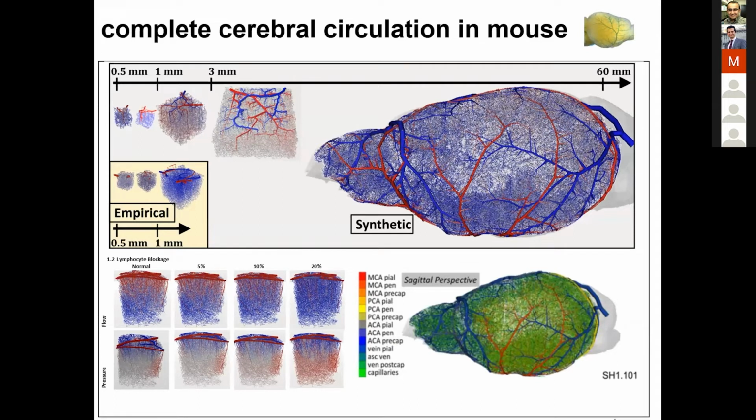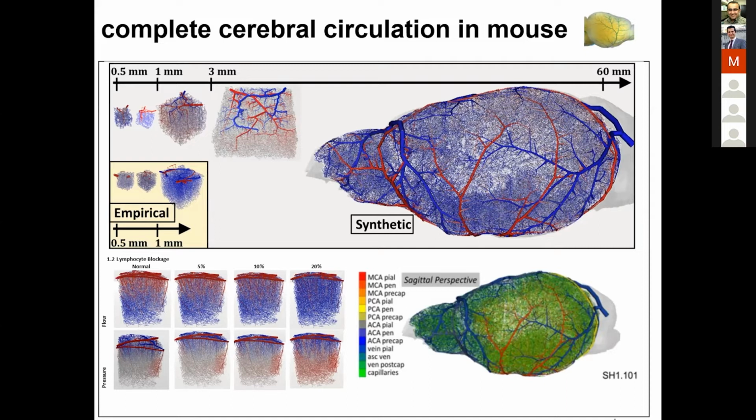But the problem with these small samples is that if we want to perform blood flow computations, the boundaries are cut off and the blood vessels are cut off where the image view ends. And that affects our ability to simulate blood flow in these small samples.